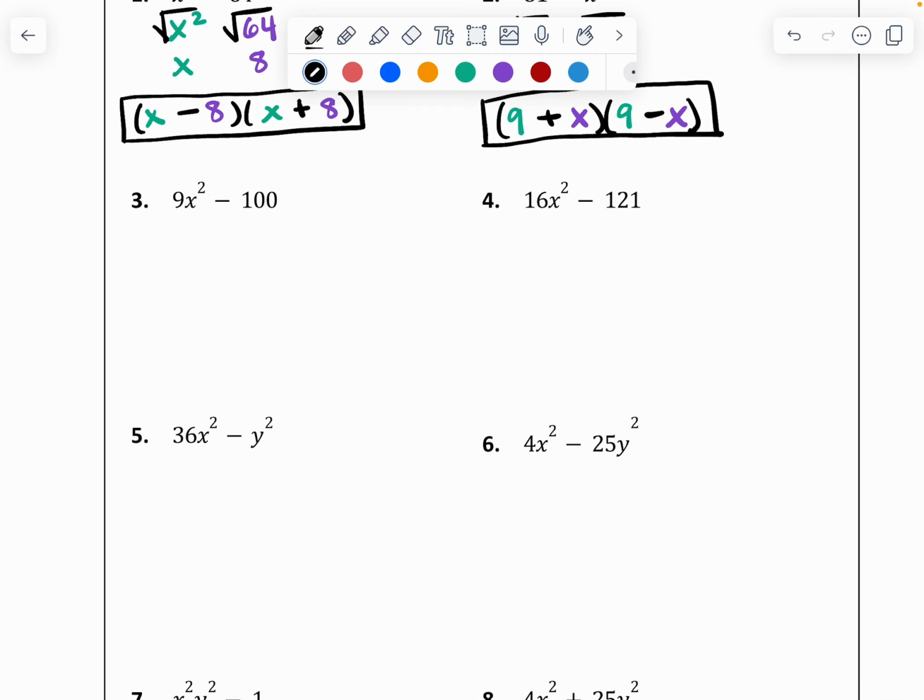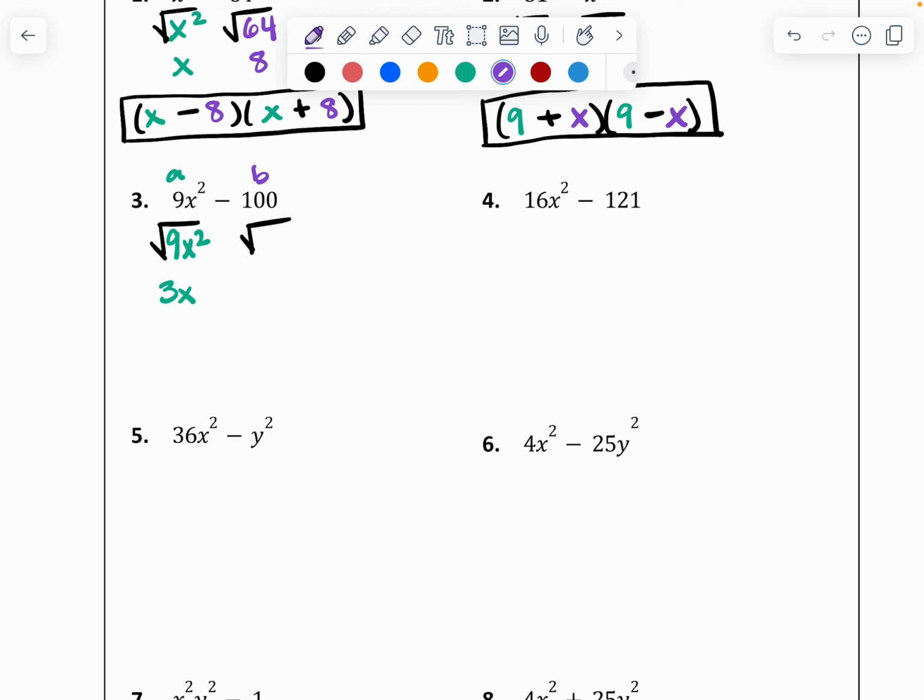Okay, what if there's a coefficient of x? As long as it's a perfect square, this will work. So we'll take the square root of 9x squared. You can put the square root of 9 in your calculator, but you can't put x squared in your calculator. Square root of 9 is 3. Square root of x squared is x.